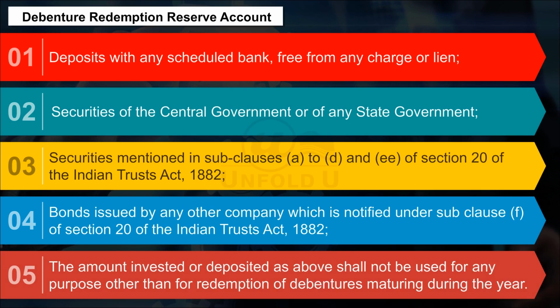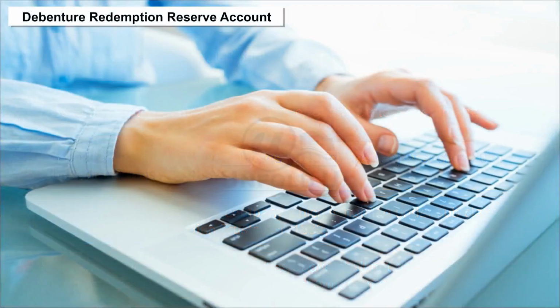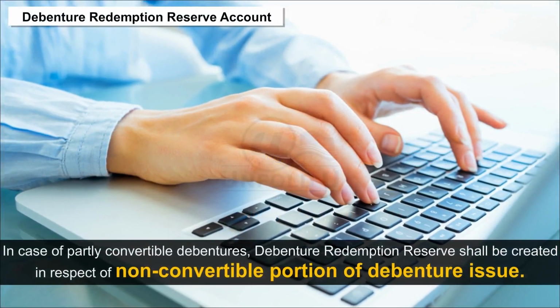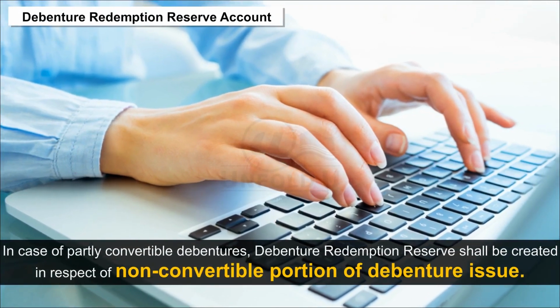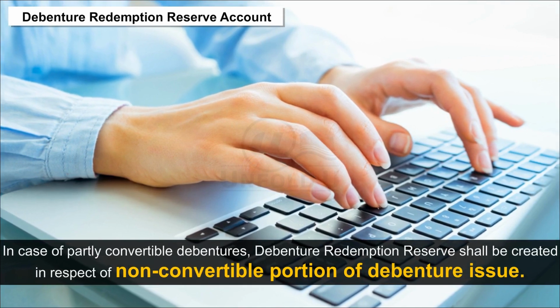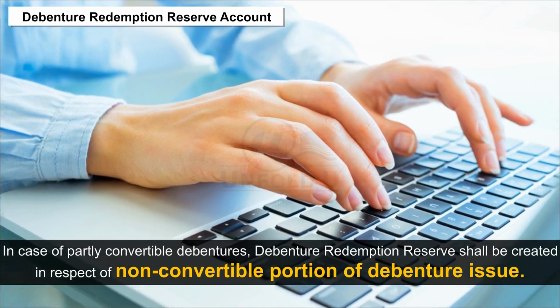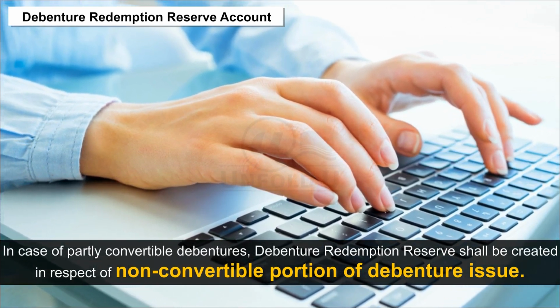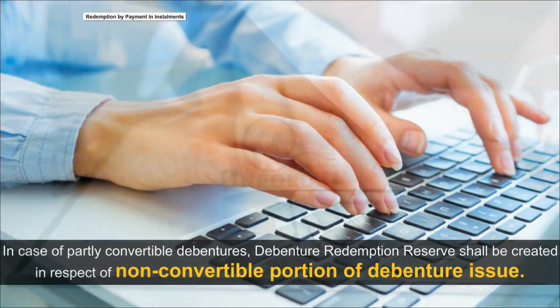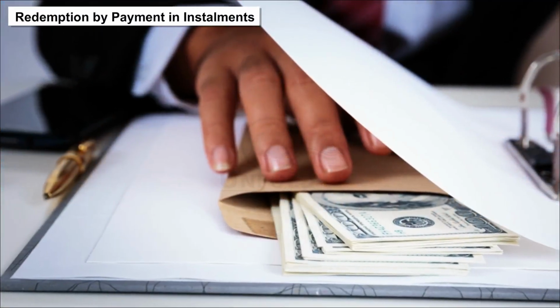The amount invested or deposited as above shall not be used for any purpose other than for redemption of debentures maturing during the year. D. In case of partly convertible debentures, debenture redemption reserve shall be created in respect of non-convertible portion of debenture issue.